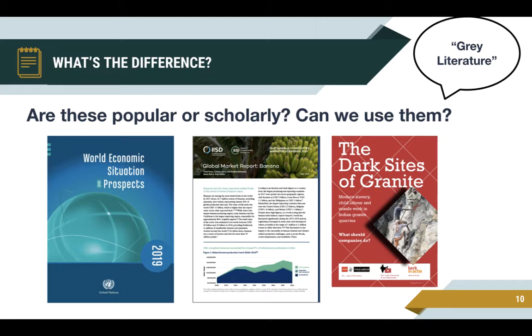Say for the UN, they're not a publisher per se. They are a large international organization that does many other things. Publishing is just an offshoot of what they do.